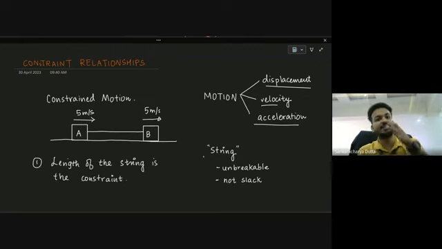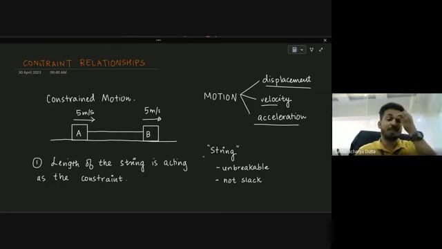It cannot be greater than 5, it cannot be less than 5, because the length of the string is constant. The length of the string is acting as the constraint, as the limitation in this particular motion.